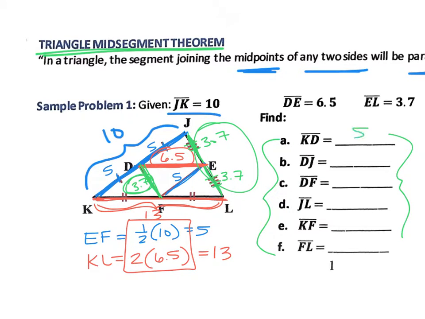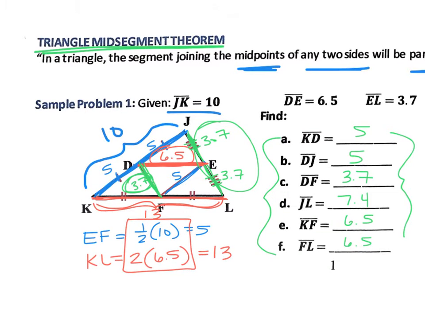KD would be 5, DJ would be 5, DF is 3.7, JL is 7.4, KF is 6.5, and FL would be 6.5 also. Okay. Any questions on that setup?